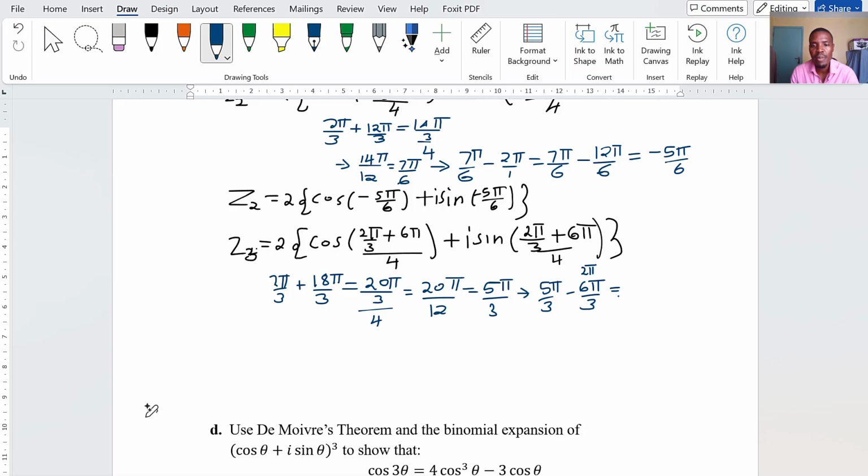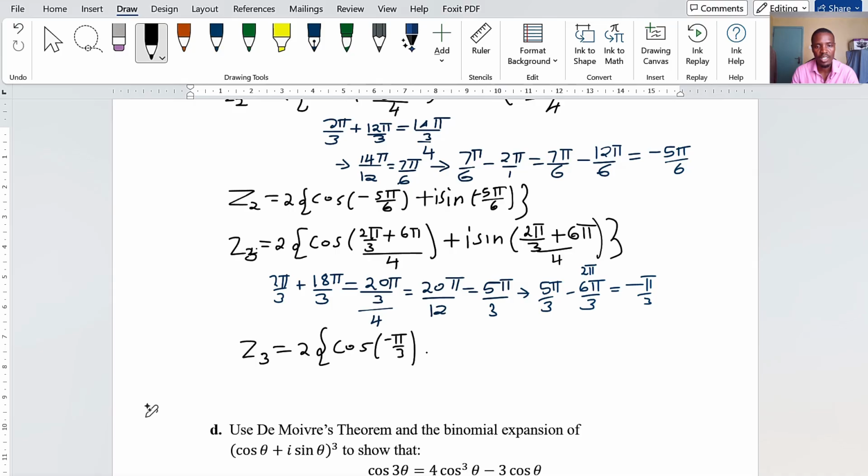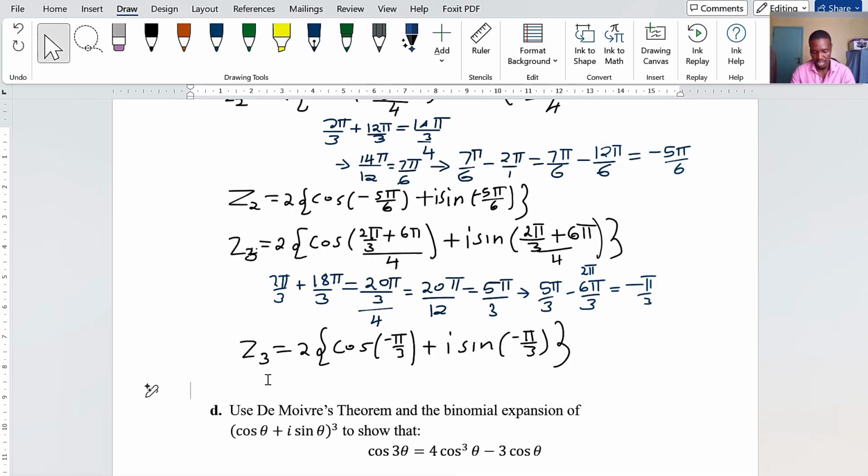Since we have the same base, we just subtract and we get negative pi over 3. Now, the last root Z3 equals 2 into cos of negative pi over 3 plus i sine of negative pi over 3. And that's all.